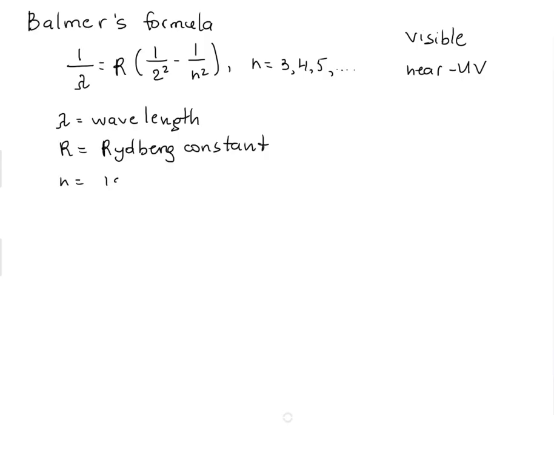So I'm just gonna write n is the quantum number, but they didn't know that it's a quantum number, they just knew that this n is an integer.